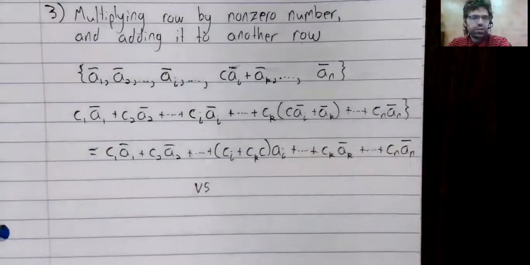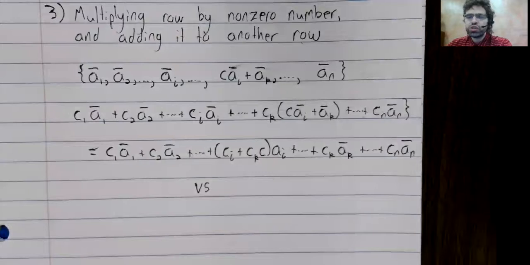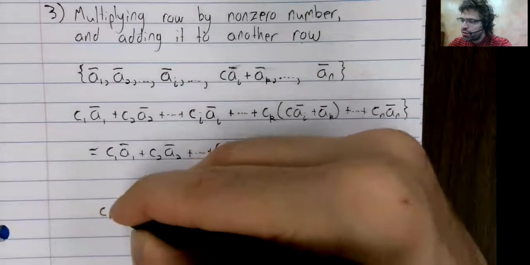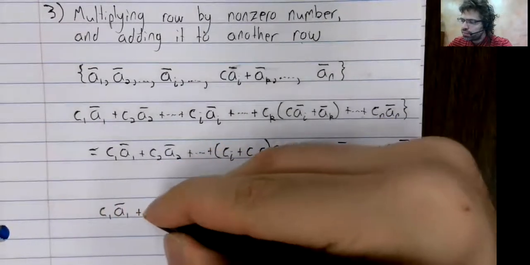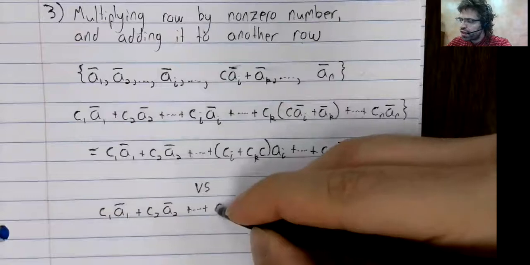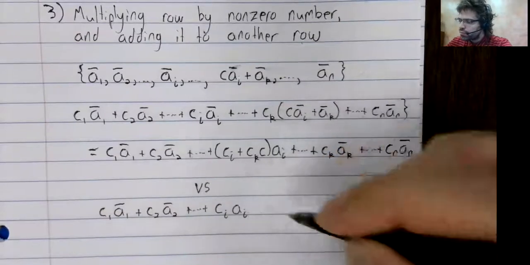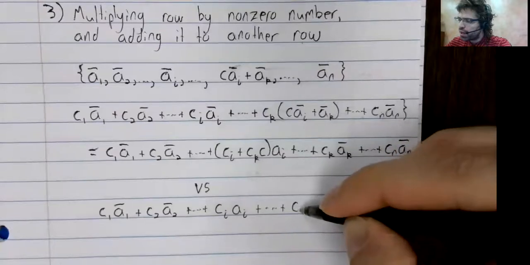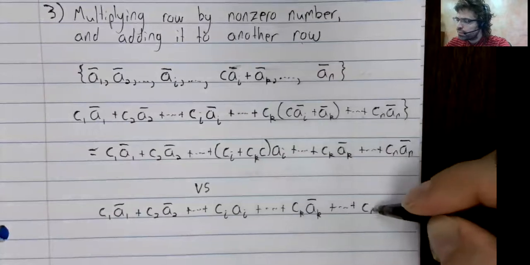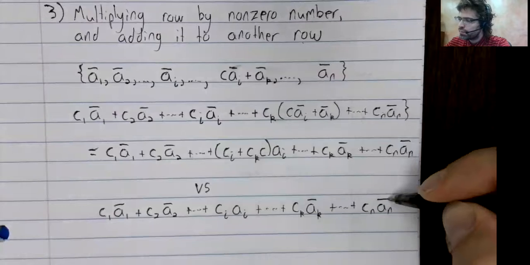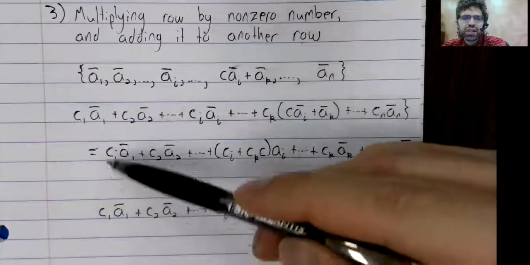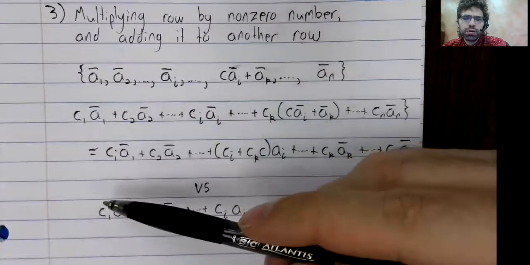Compare these to the linear combinations of the original set before we performed this row operation. Those are C1A1 plus C2A2 plus, in front of A sub I, we just have C sub I. And again, these look different until you remember that these C's stand for any real number.